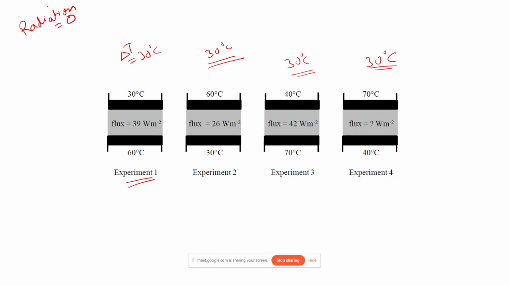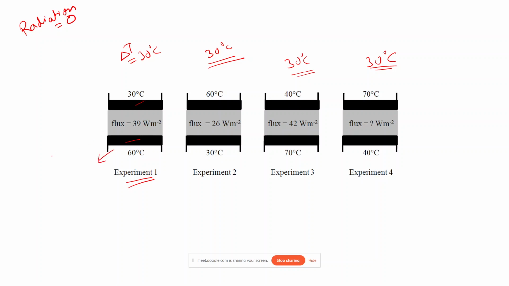That means either convection or conduction would be taking place, or both can take place. Now, in this specific case, since the bottom plate is at a higher temperature as compared to the top plate, that means convection would occur in this case. Basically, due to buoyancy, there will be flow within this mineral oil, and that would be accountable for the convection.